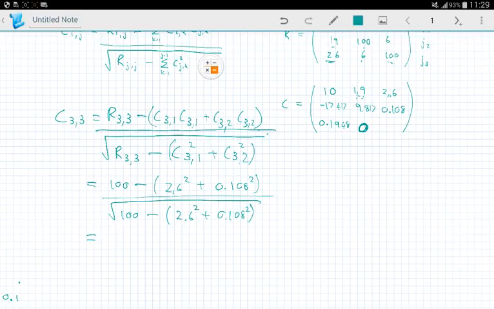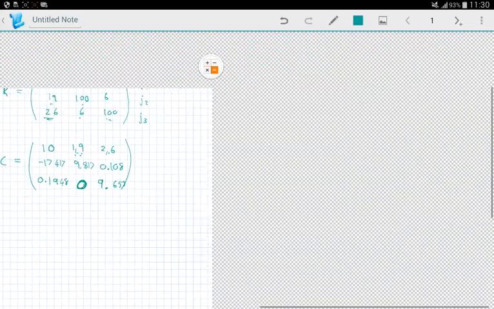Just get into it: square root of 100 minus 2.6 squared plus 0.108 squared. Okay, what's that value going to be? 9.655. Okay, now comes the moment of truth.